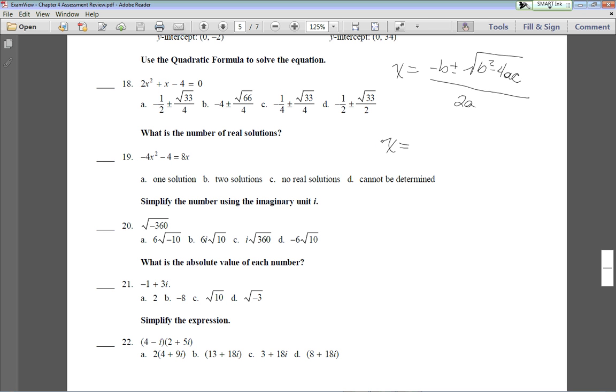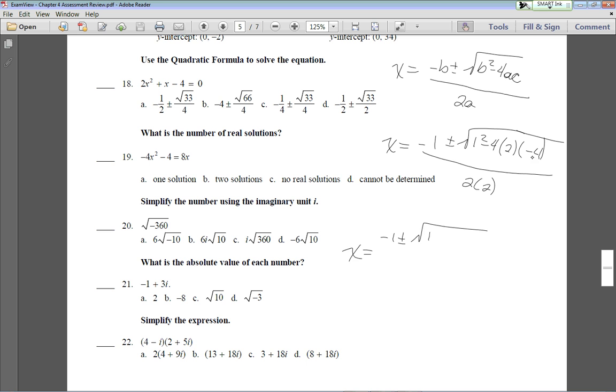So x equals negative b is 1, so negative 1 plus or minus the square root of 1 squared minus 4 times a, which is 2, times c, which is negative 4, all divided by 2a, which is 2 times 2. Alright, so x equals negative 1 plus or minus the square root of 1.